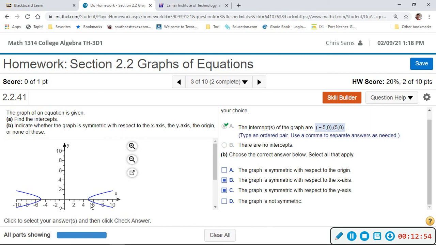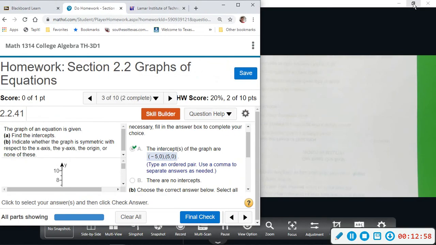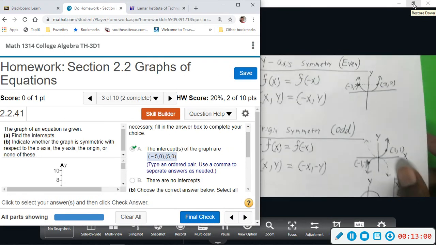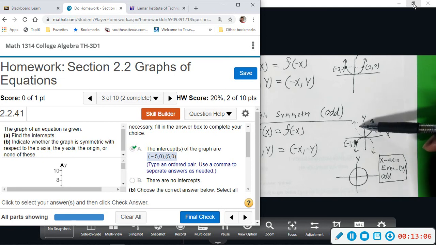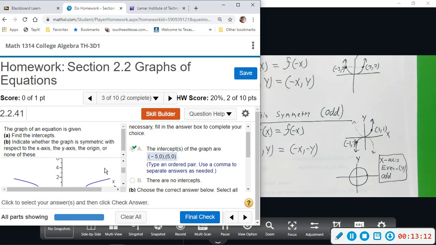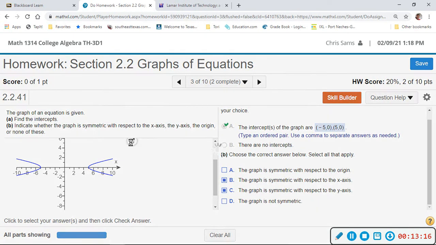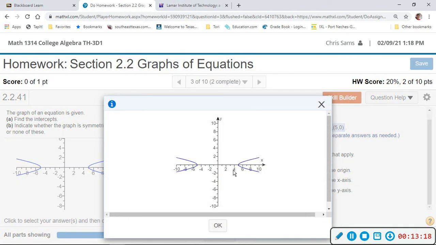So think about kind of like flipping. If I go back to the image, that's the best way to think about origin. You take one part of the graph and then you flip it across the x and then flip it across the y. So that's what I'm kind of trying to get, a mental image. So I'm just focusing on, make this big, just say the bottom half right here.